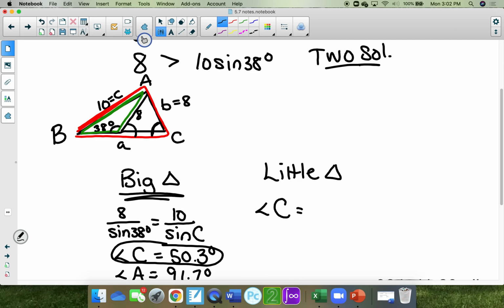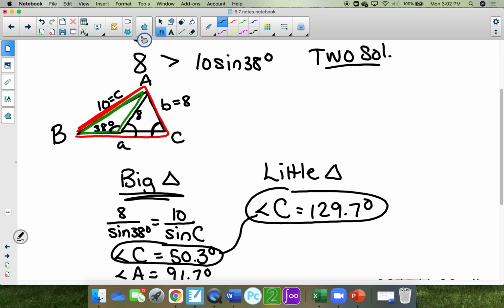This is the C for the other one. So this is a supplementary angle. So this C needs to add up to 180 degrees with this 50.3, which makes 129.7 degrees. All I did was I subtracted from 180 to get my new angle C for my little triangle. And that does look like about 129.7.